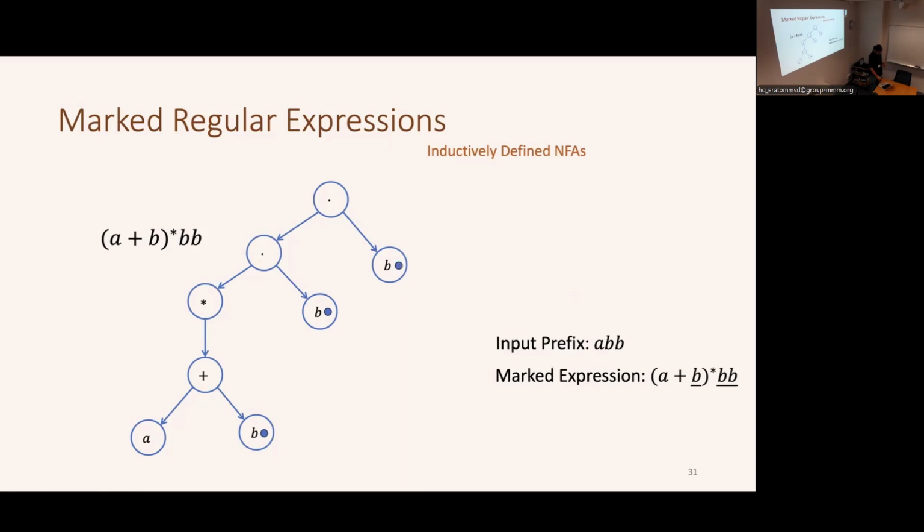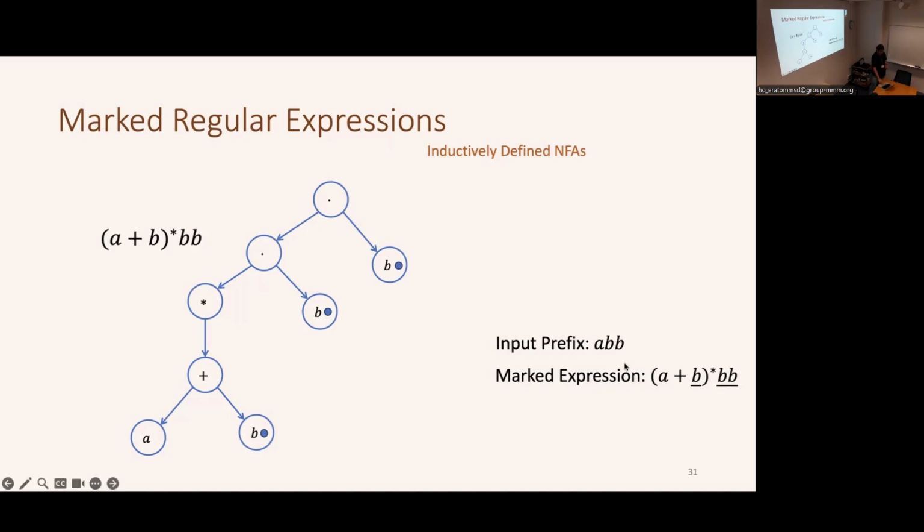Then let's say I have the input ABB, so I got another B. Now this B could end up, depending on the path that I take through the NFA, either here or here or here. These are the three possibilities.